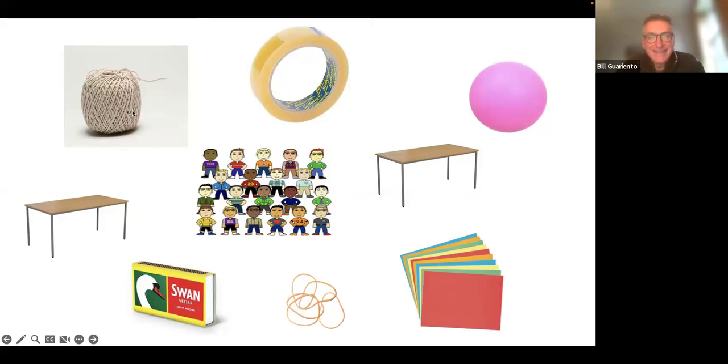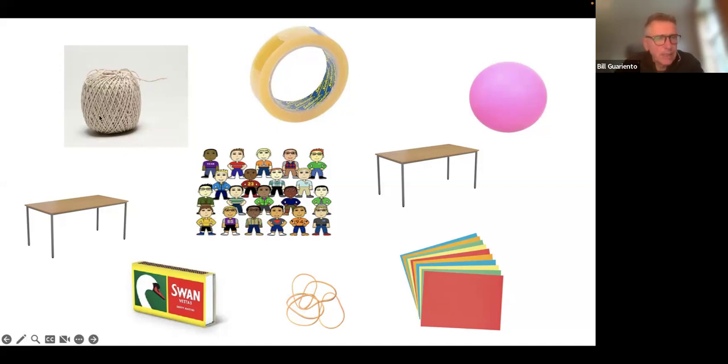Top left is some string. And at the top, what can you see? What can you see in the top? Some tape. Okay. On the right, the pink thing is a ping pong ball.